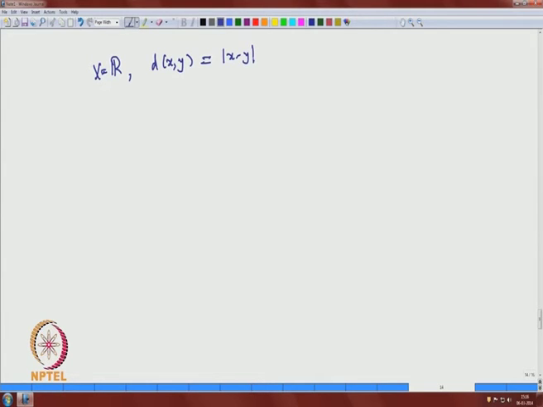And in R^n, again the standard Euclidean distance. So these are examples of metric spaces. So X, d, where X is a non-empty set and d is a metric on X, is referred to as a metric space.